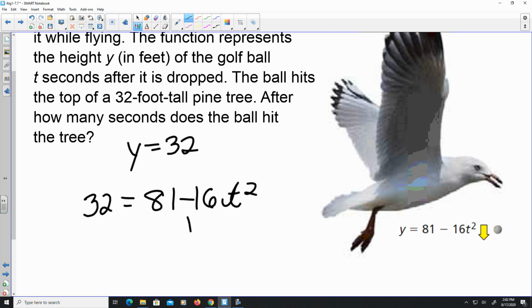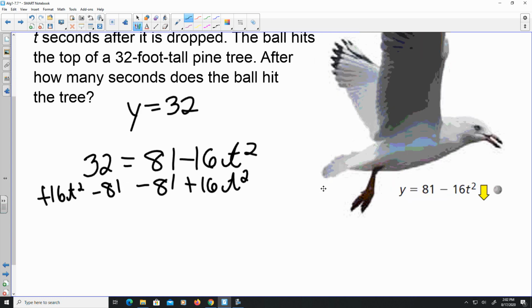So let's add 16t squared and let's subtract 81 from both sides. So it's going to be plus 16t squared minus 81. When we do that, these get canceled and I'm left with 0 over here.